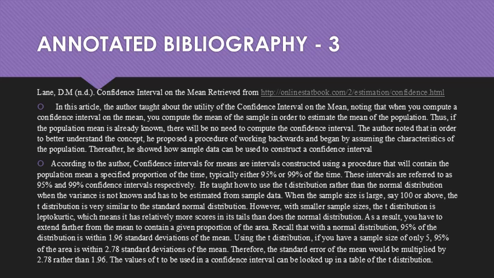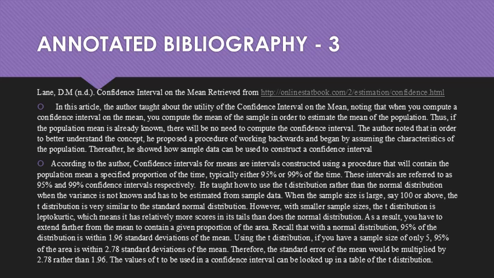According to the author, confidence intervals for means are intervals constructed using a procedure that will contain the population mean a specified proportion of the time, typically either 95% or 99% of the time. These intervals are referred to as 95% and 99% confidence intervals respectively.